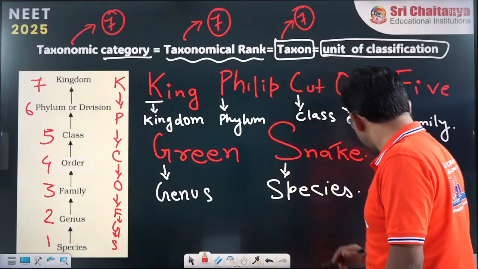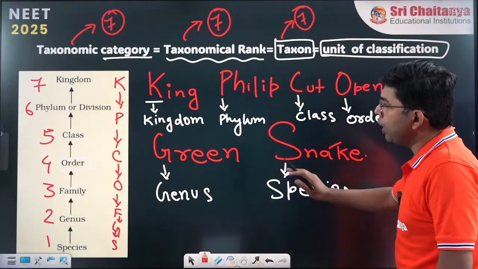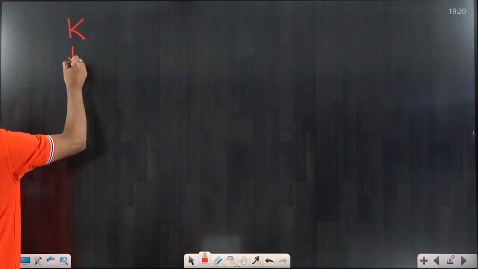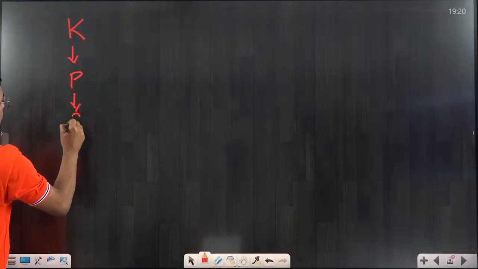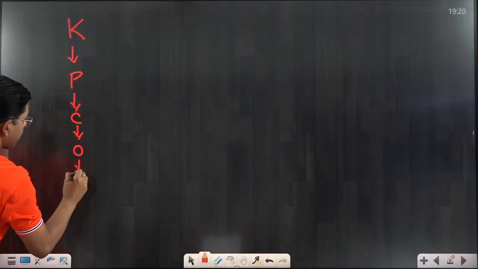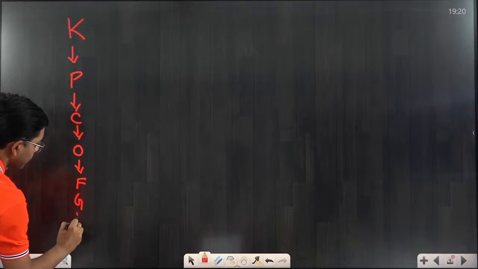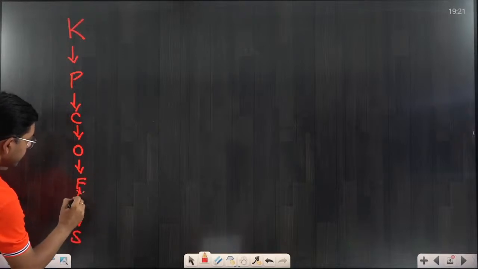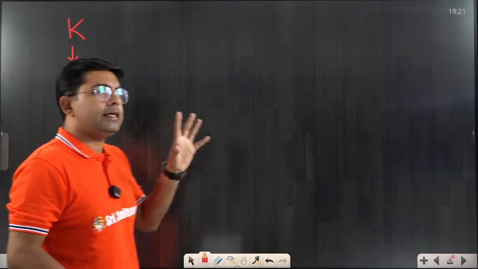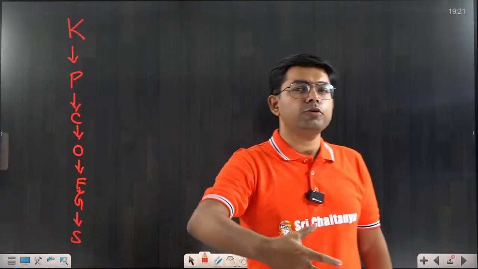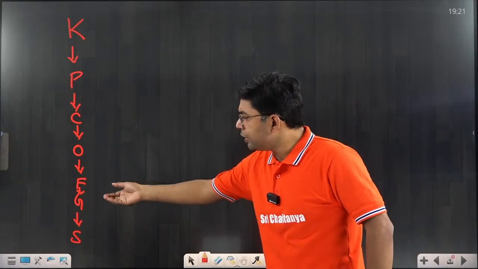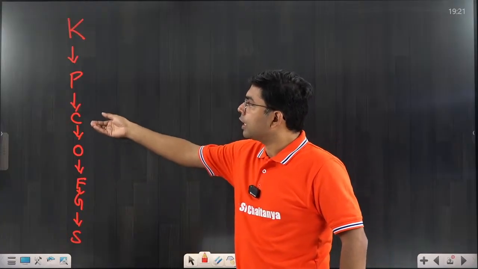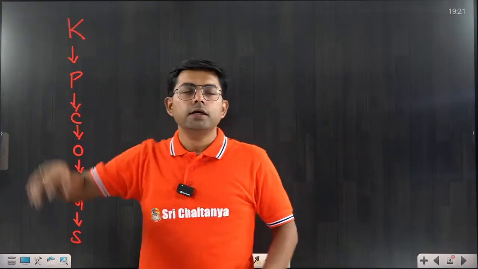Now I am going to explain this in one more way. Let's say I am telling you species, genus, family, order, class, phylum and kingdom.